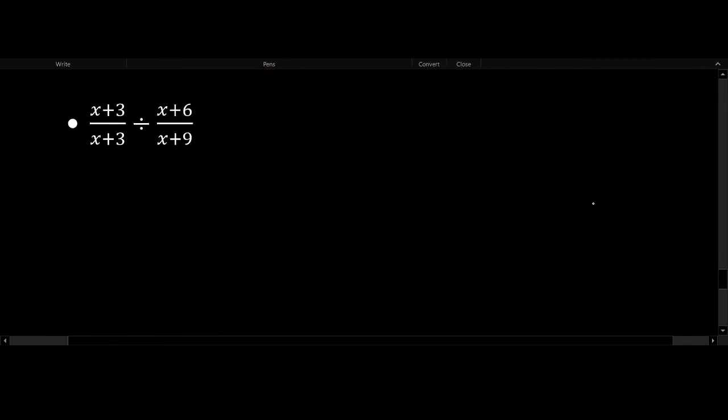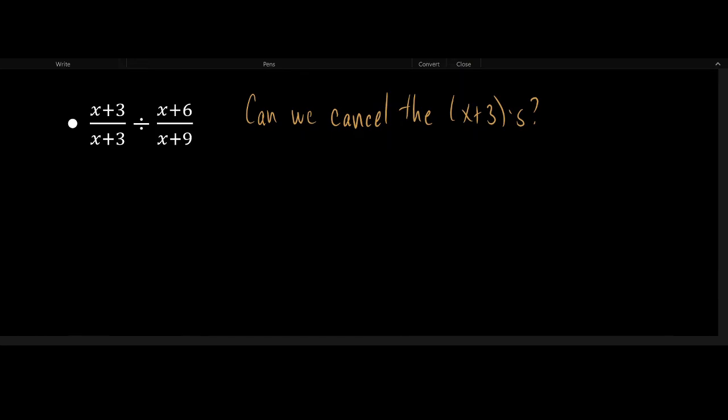Okay, so final drill, can we cancel the x plus 3's in the following problem? x plus 3 over x plus 3 divided by x plus 6 over x plus 9. In this case, the answer is actually yes.